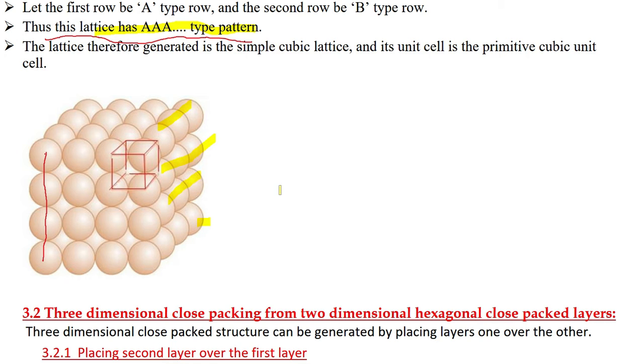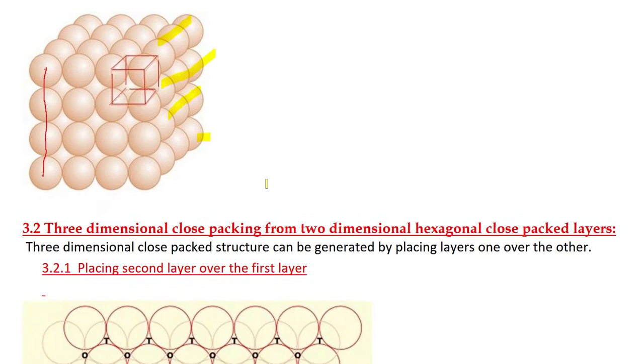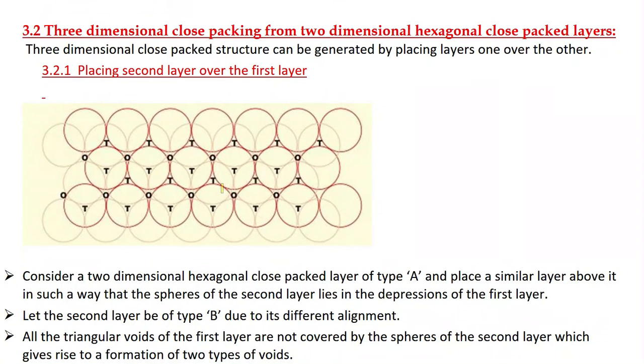But for the second type of arrangement, hexagonal close packing, we have to study different subtopics. The first one, which I explained already, is 3-dimensional close packing from 2-dimensional hexagonal close pack layers.